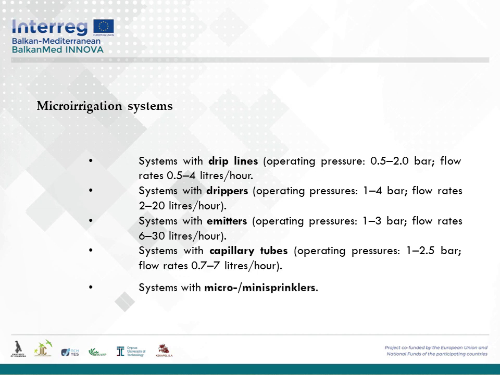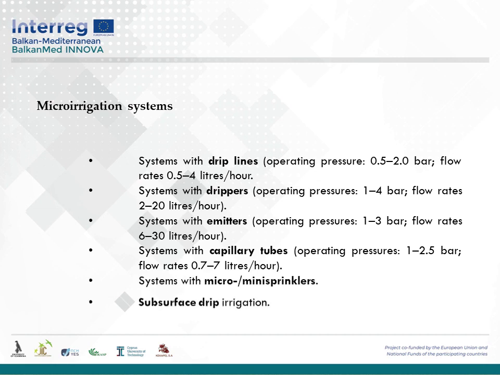Normally they are plastic tubes laid down alongside the plant rows, which have, at certain distances, drippers or emitters with a specific discharge rate.